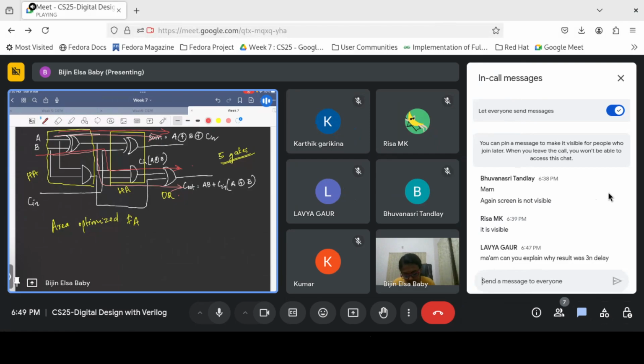So here you have three gates. If you assume 1 nanosecond as the propagation delay, then it will be 3 nanoseconds. Here it is 2 nanoseconds.